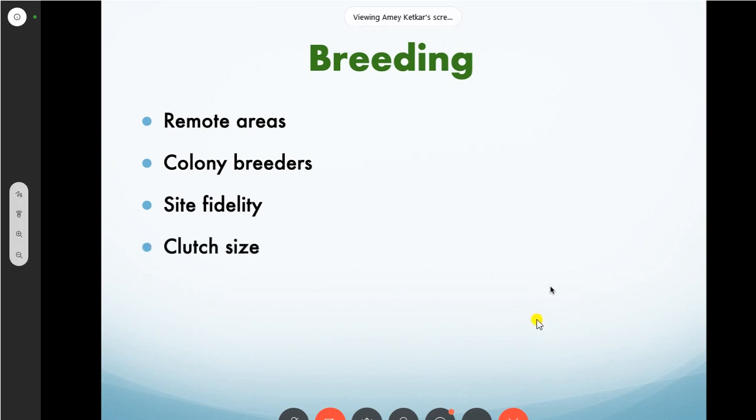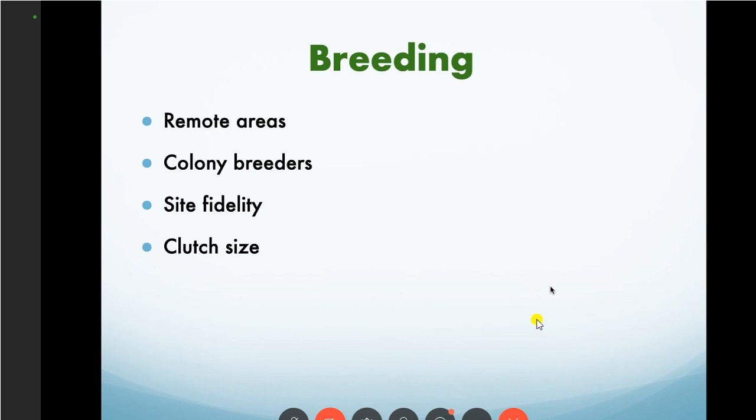One more point here is what we call the clutch size. That is the number of eggs that are laid in the nest. This is very important because it defines the strategy to survive. There are some gulls and terns that might lay 2 or 3 eggs, but most of these true pelagic birds, shearwaters, albatrosses, storm petrels, fulmars, petrels, all just lay one egg, just one egg.